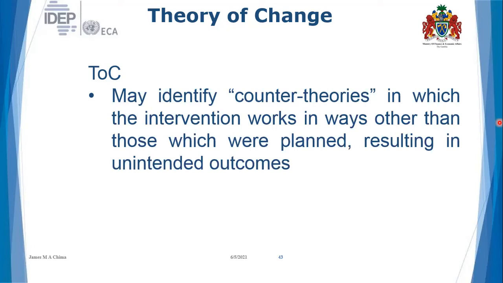So when we trace how the unintended outcomes have come into being, moving backwards, we should be able to ascertain counter theories to those that were envisaged or devised at the onset of the program.